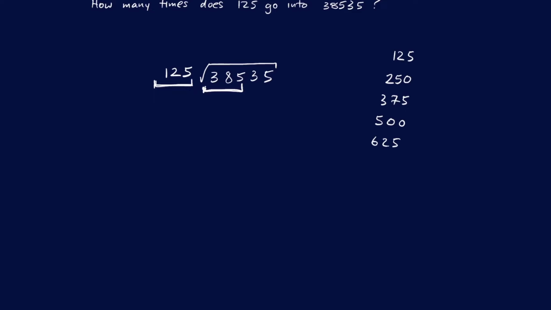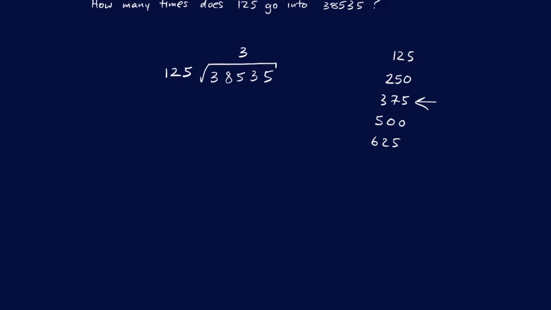So that's the first 5 multiples of 125. And as you can see, 125 goes into 385 3 times. All we have to do is write the 3, which is how many times 125 goes into 385, above the last digit that we put the denominator into.